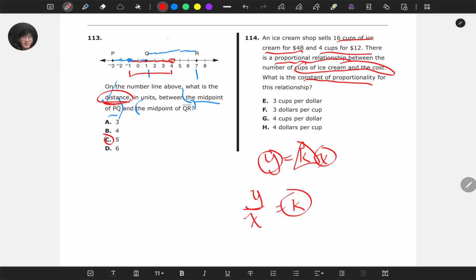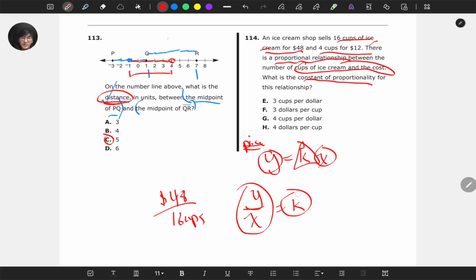So I could think about, usually they'll think about price, or how much you pay, as the output, which is the y, as a function of whatever you're buying, which in this case is ice cream, the number of cups. So if you go by that path, then I can create a ratio between the money over the cups. So I could say it's $48 over 16 cups.